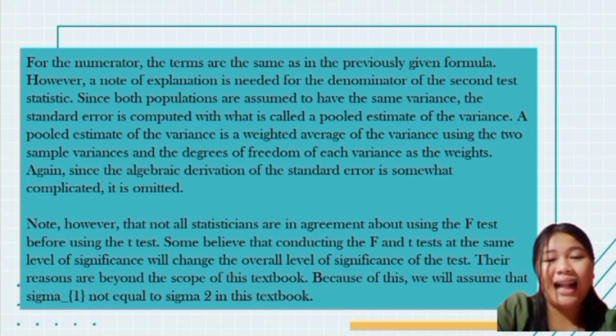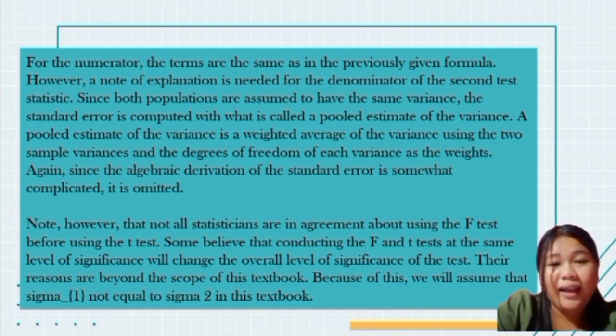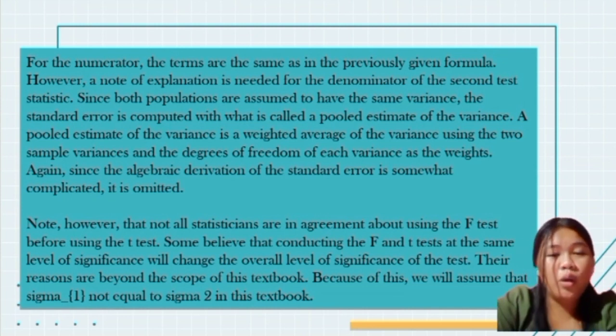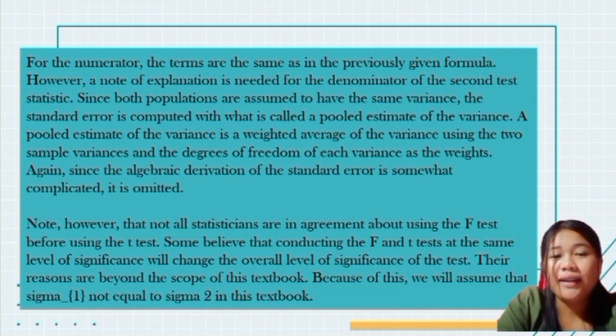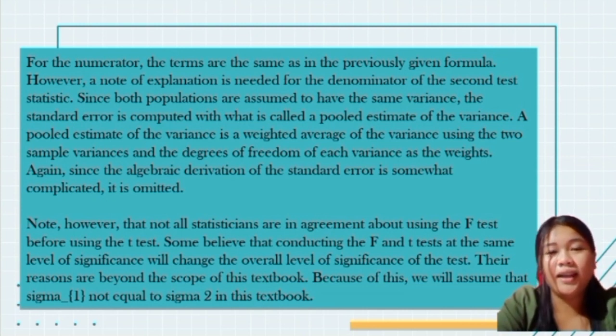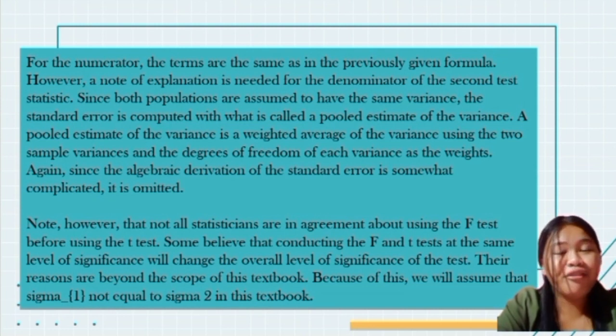Again, since the algebraic derivation of the standard error is somewhat complicated, it is omitted. But note, however, that not all statisticians are in agreement about using the F-test before using the t-test.